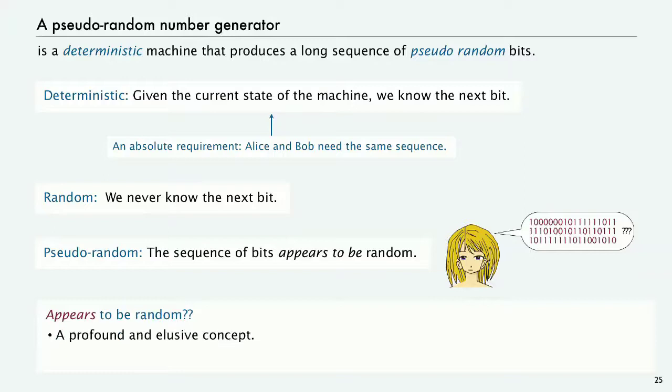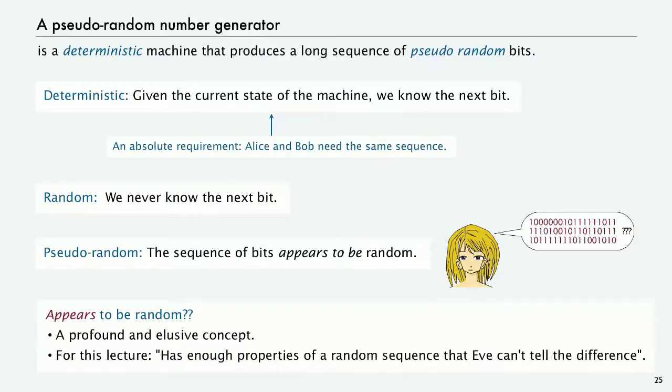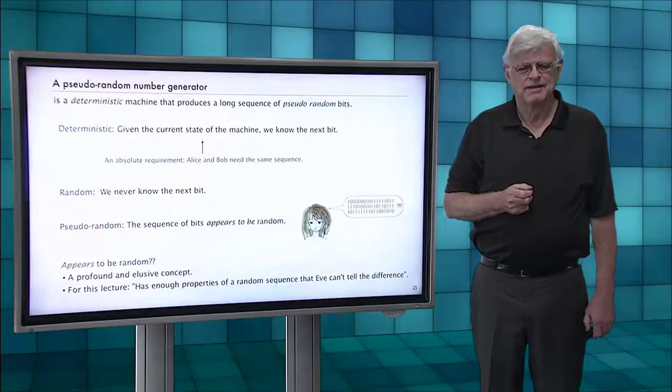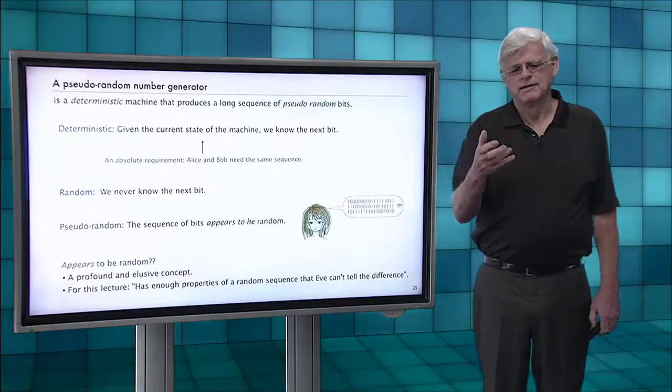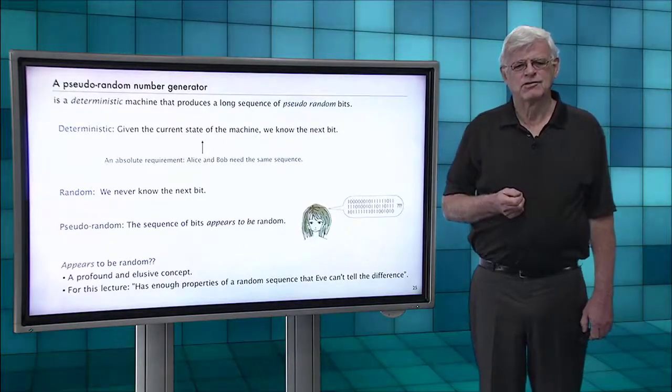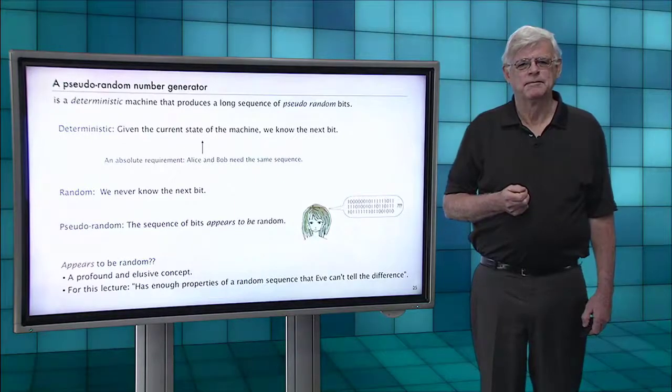So what does it mean, appears to be random? It's a very profound and elusive concept. So for this lecture, we're just going to say it has enough properties of a random sequence that Eve can't tell the difference. And we'll get into the implications of this idea a little bit more later on.